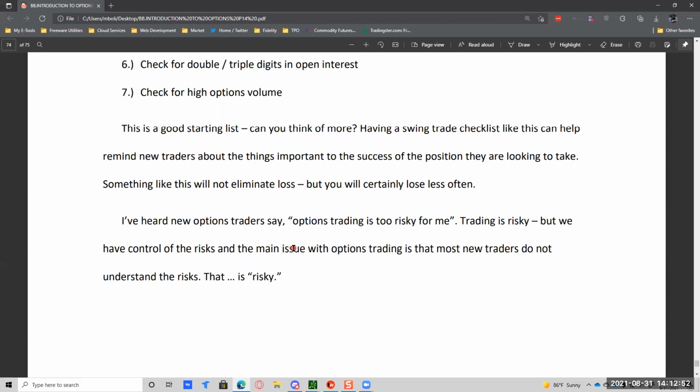The real risk to trading options, when it comes to quote risky, is trading while we don't understand what we're really getting into, what the ask is, or what we need from the trade to be successful. That's risky. So if we don't do that, we can increase our win rate too.